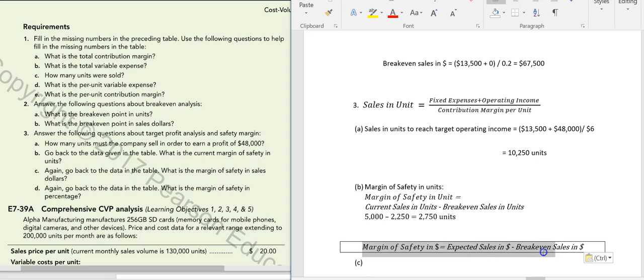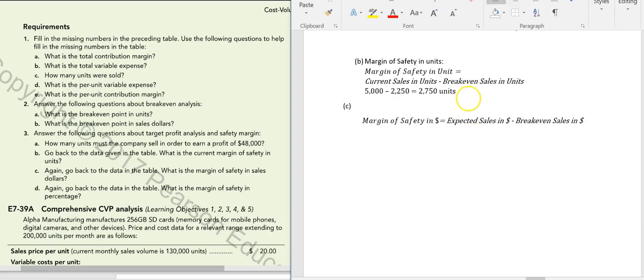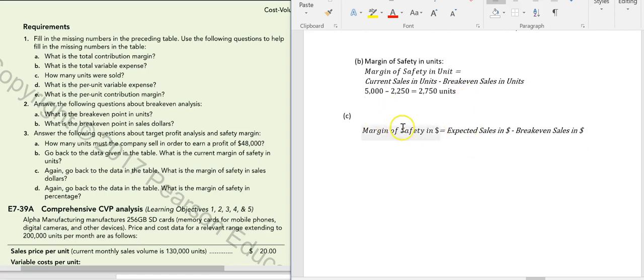Okay, so it's showing the box here, so don't worry. I can just put it here as number C, or let me go a little below. This is margin of safety in dollar value.